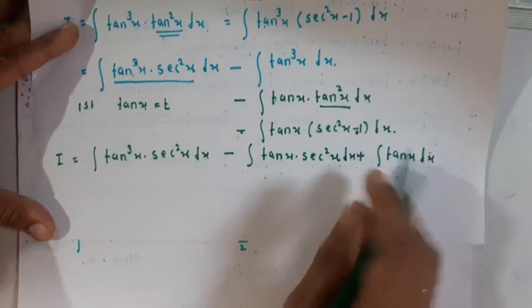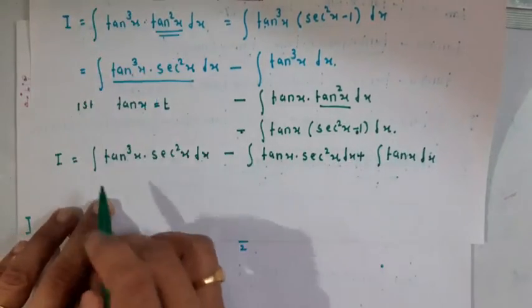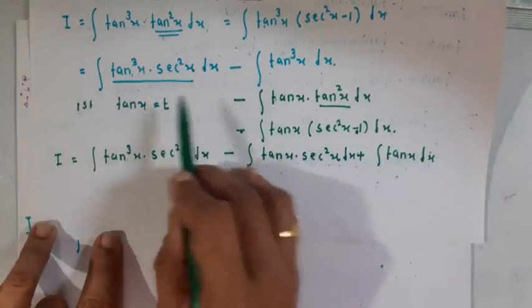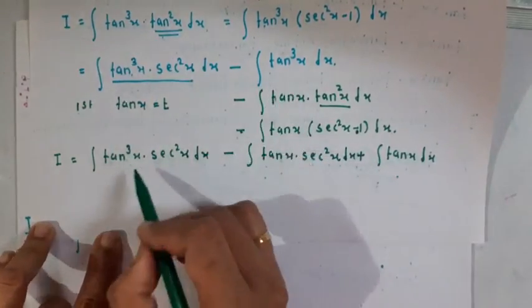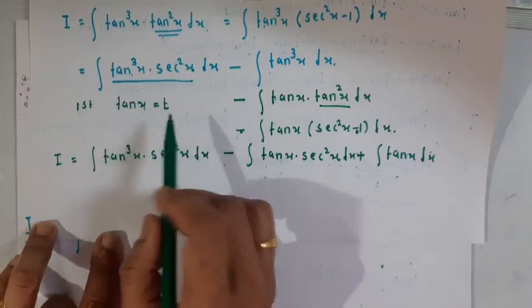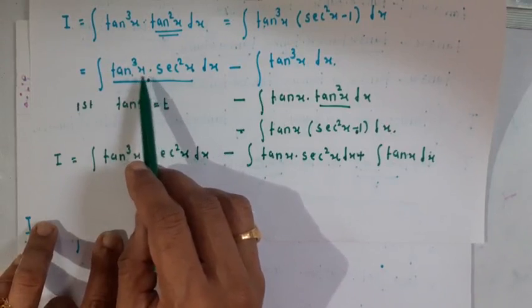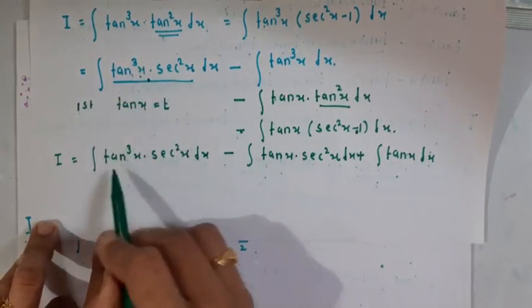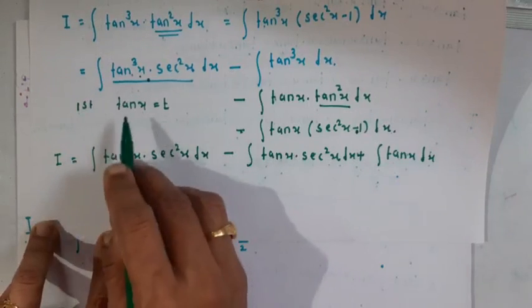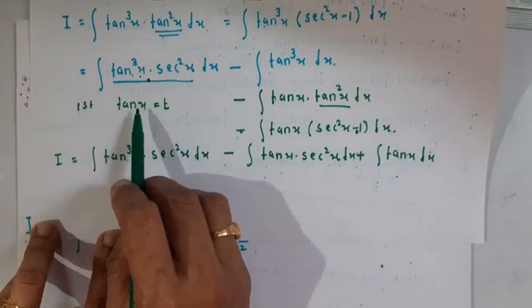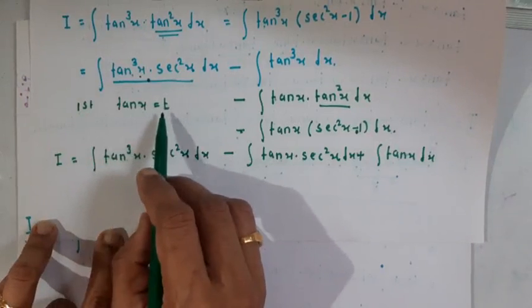So now we have simplified the first term and the second term, and now we can solve it. We give the substitution for the first term of integration, and for the second term the same substitution applies: put tan x equal to t.